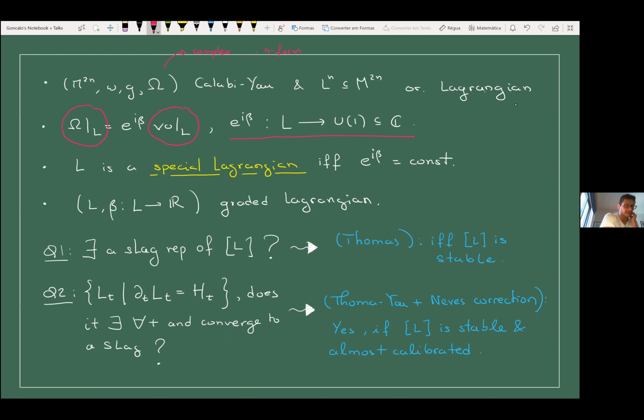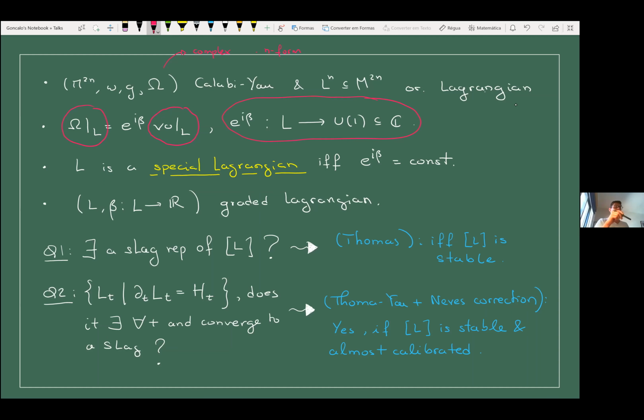So this is in direct analogy with what we saw happens for curves. And then, of course, if you have any hope of deforming an initial Lagrangian to a special Lagrangian, then this function must be homotopic to a constant. So it must have degree 0.